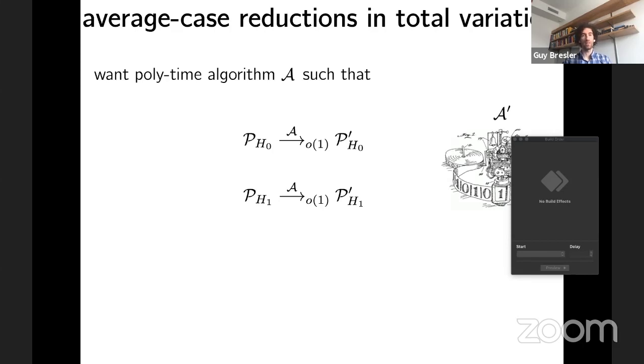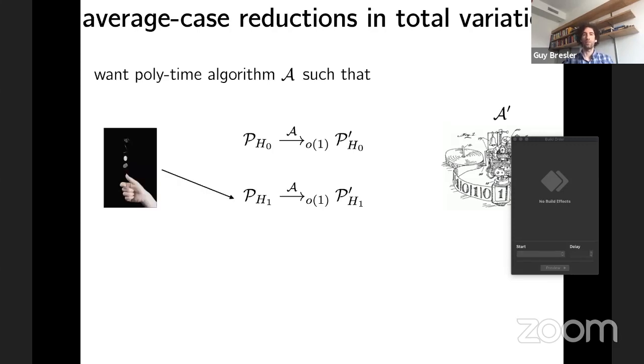Then you'd say, oh, this is great, because I actually care about the P problem, not the P prime one. But if I want to solve the P problem, I can apply algorithm A and get an instance of the P prime problem, so that if, for example, H1 was the true hypothesis in the problem that I care about, A would then map to the alternative hypothesis H1 for P prime.